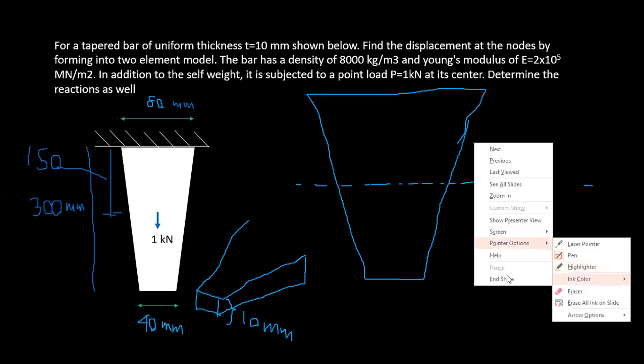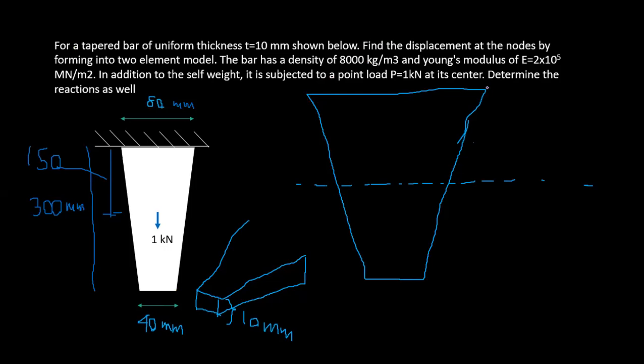In each element you have some area larger than the average and some less than the average.